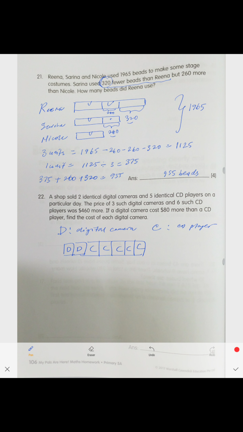All right, and then that was sold on a particular day, they tell us. The price for 3 digital cameras and 6 such CD players was 460 more. Let's think about it. I'm going to break it down. I'm going to draw the same thing. There are going to be these 2 digital cameras and these 5 CD players again.